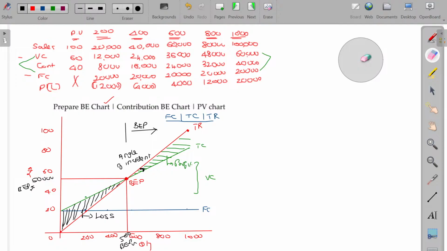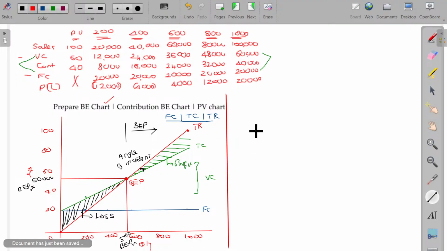Now I'm going to draw the contribution chart here the same way. Let's see. Contribution chart.